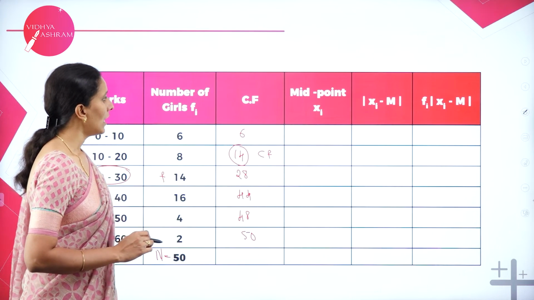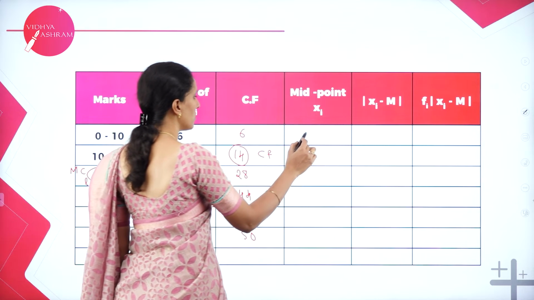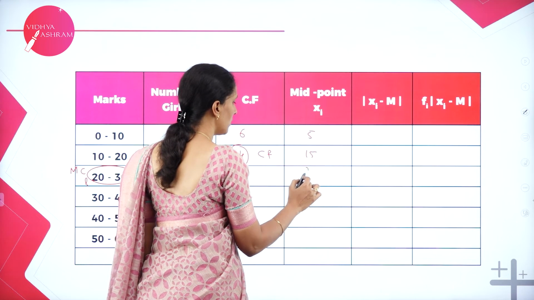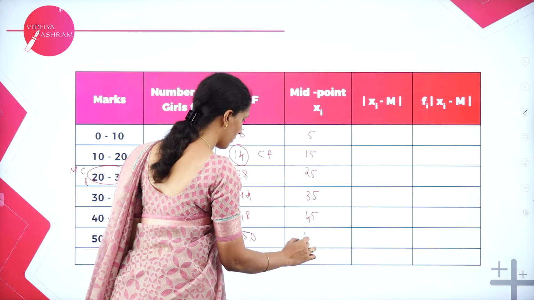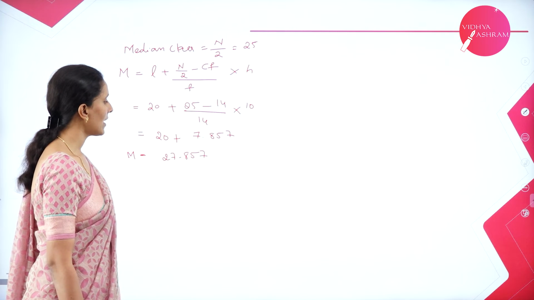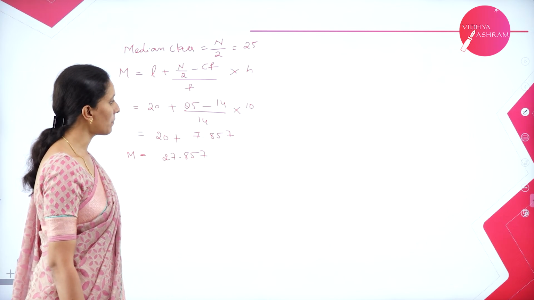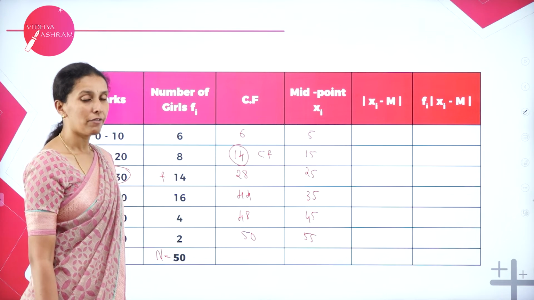Now we got the median value. So let us first write the score between, that is the midpoint. So we have 5, 15, 25, 35, 45 and 55. So now our median value is 27.857. Let us subtract each value from 27.857.